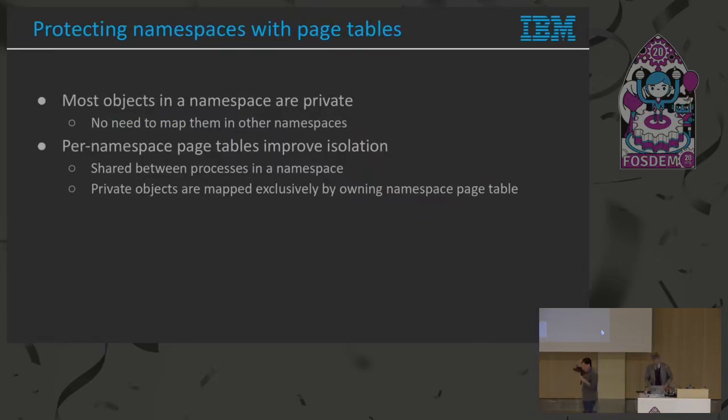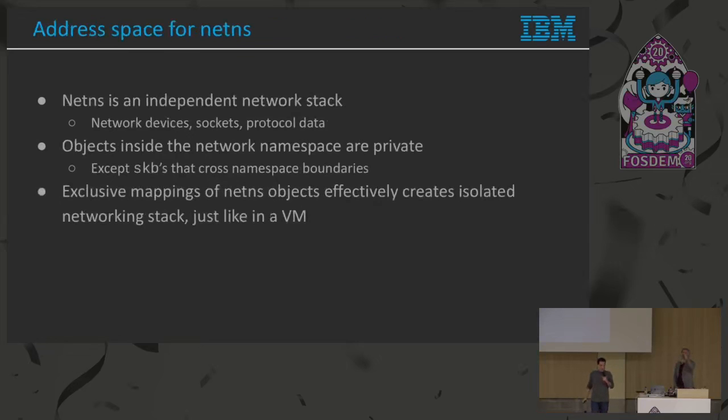Now another thing we are trying to do is to protect address spaces with namespaces. Namespaces in Linux anyway create their objects in a way that is isolated from the rest of the system. So there is no actual need for kernel code running in one namespace to access objects in the other namespace. And that's why we think it would be possible to give each and every namespace its own page table and then just take care of some rare cases of namespace transition for different objects.